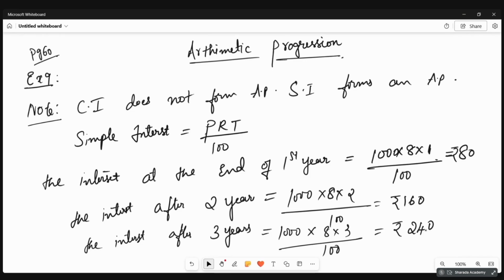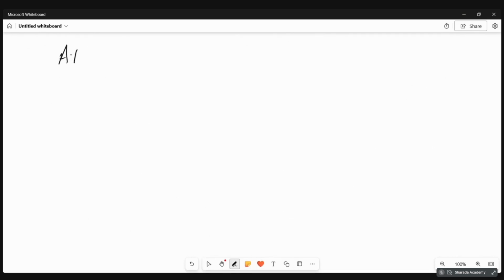So he is asking, after 30 years, what is the amount you will take? Okay, write down this. You gain 80 rupees. After 2 years, he will take 160. After 3 years, it will be 240. Like that, it goes on.